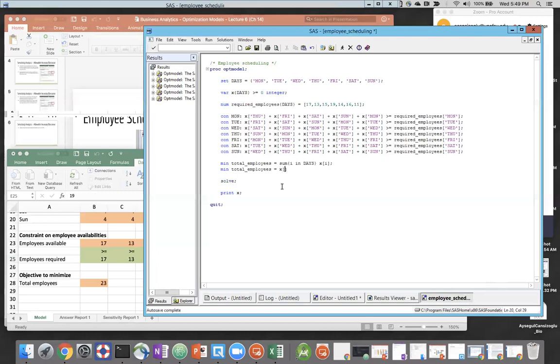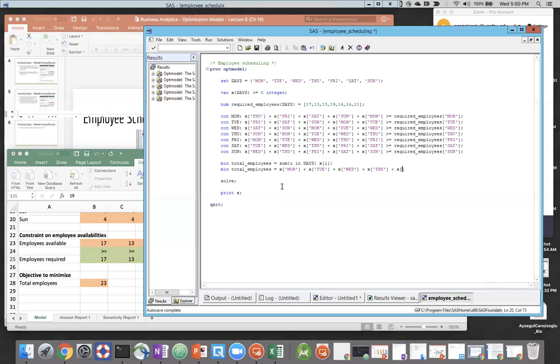X people starting on Monday, people starting on Tuesday, people starting on Wednesday, people starting on Thursday, right?